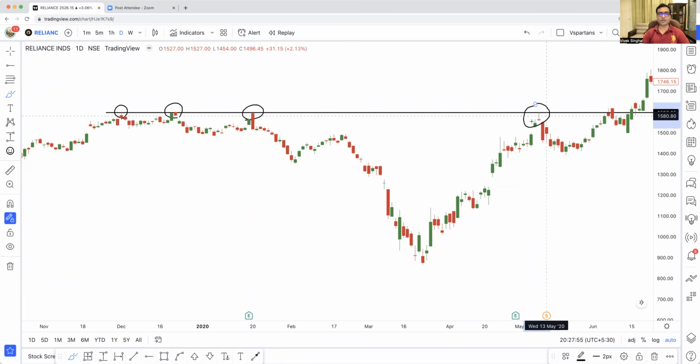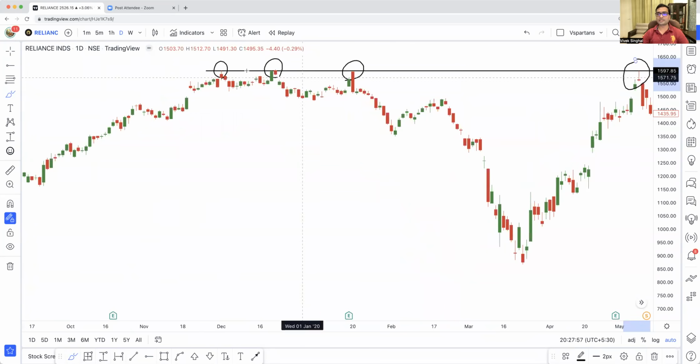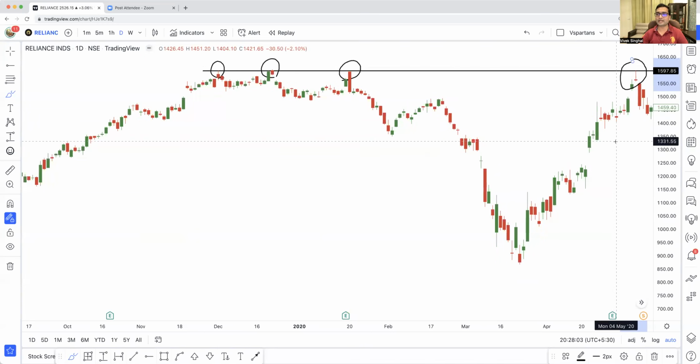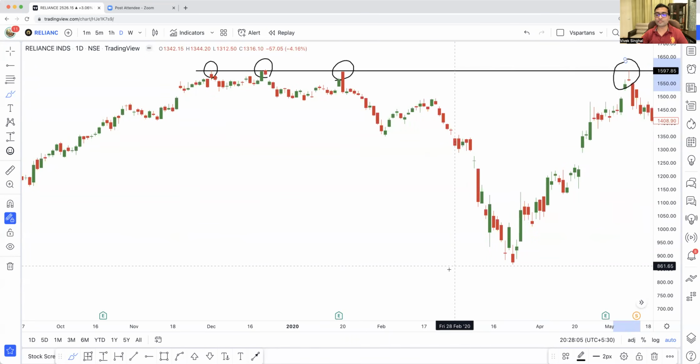Up to this point, we have come to know that this is the shape of a reverse head and shoulder pattern, meaning left shoulders and a big head, and it is going down. However, we will be buying only when there is a right shoulder formation, base formation, and breakout with a green candle on closing basis. Please note it down.